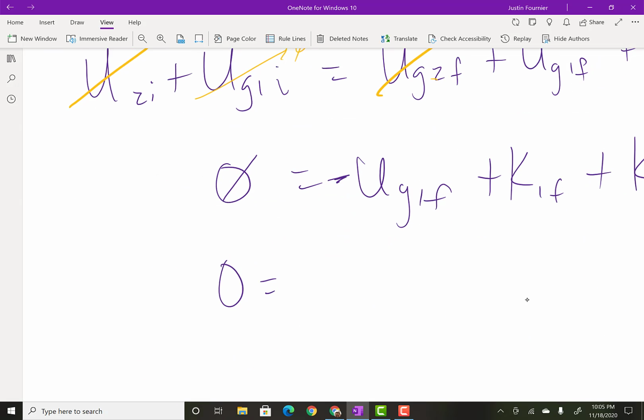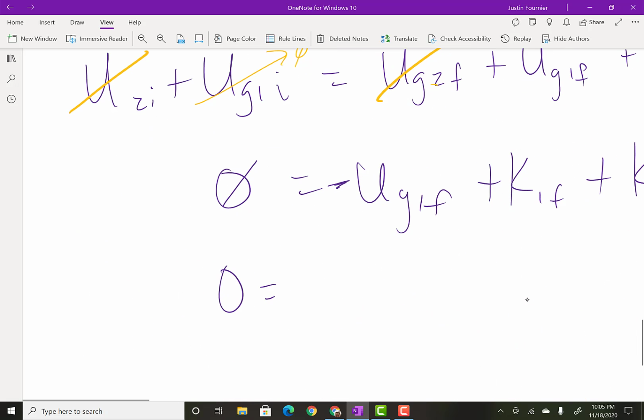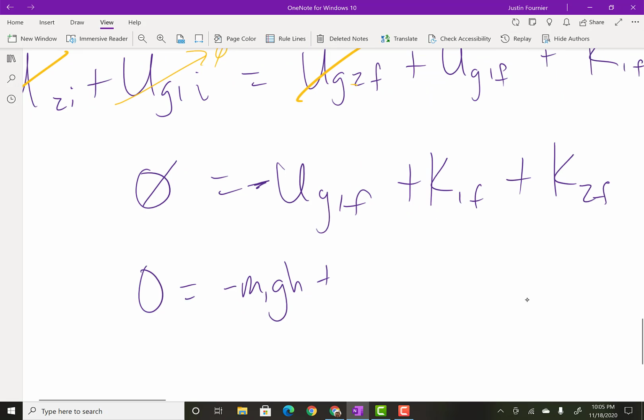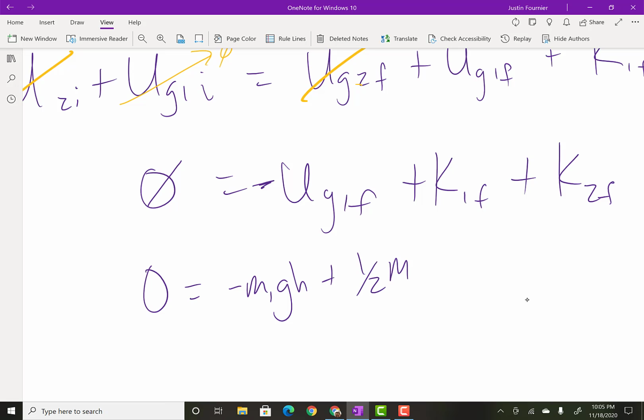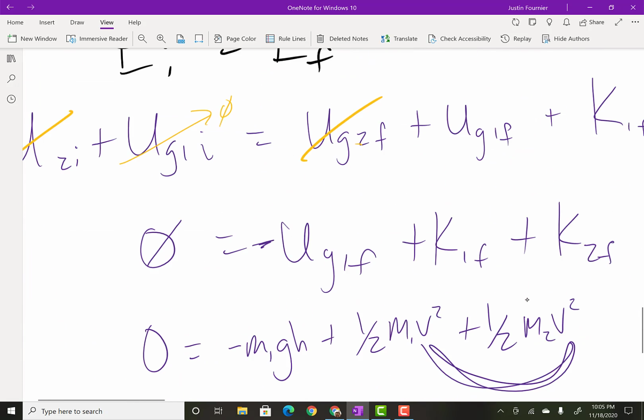So I really should have written this as negative right there. So it's going to be negative m1gh, because we're talking about mass 1, plus kinetic energy, which is 1/2 m1v squared plus 1/2 m2v squared, because these speeds are going to be the same, like we said before.